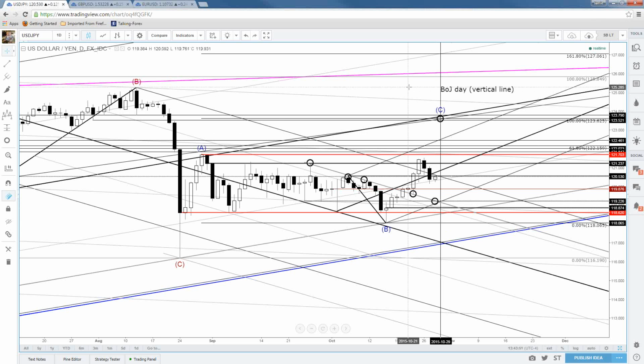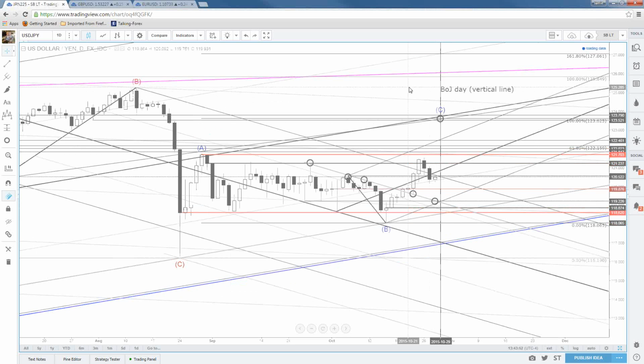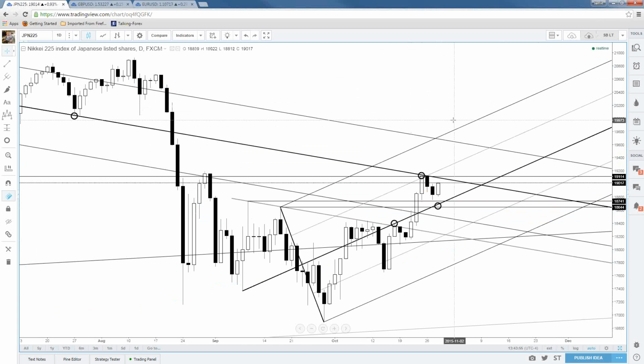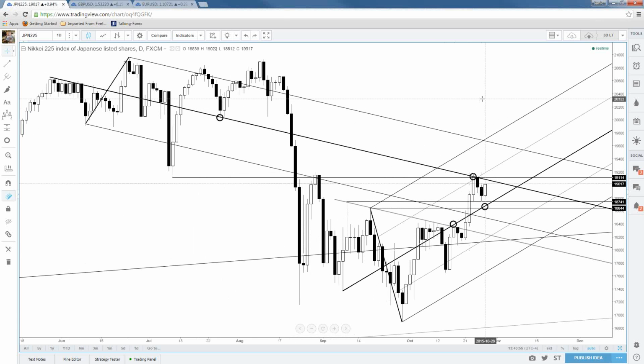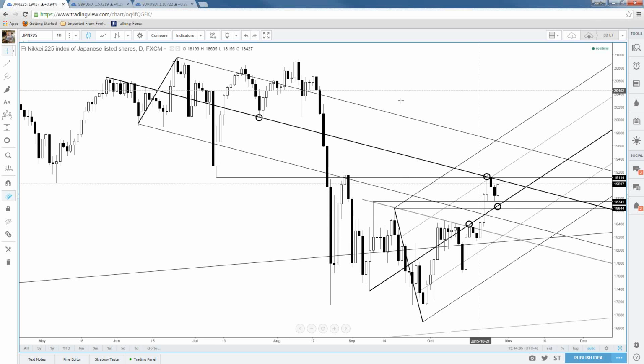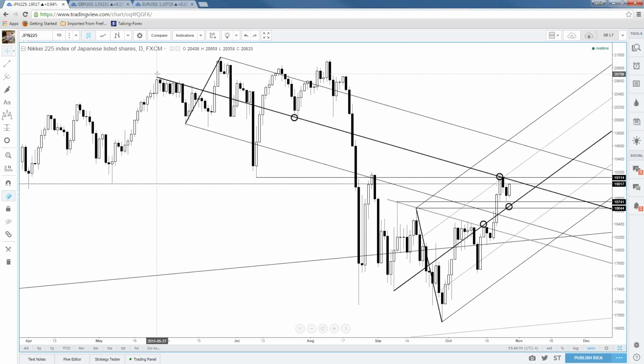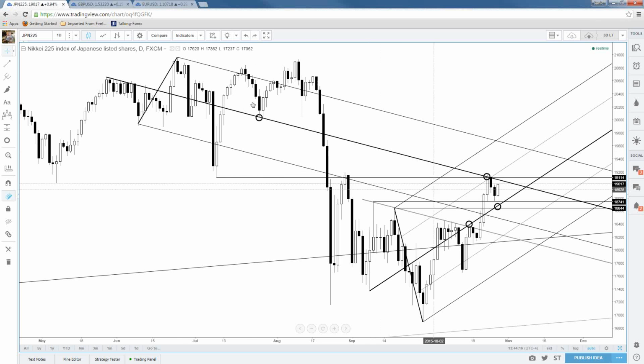And all this obviously begs the question, what's up with the stock markets? So here's the Nikkei. Nikkei is ripping today. All stock markets are ripping today, actually. You've got this old median line, old from earlier this year, so it's not really old. It's the former median line, which was very solid support here.